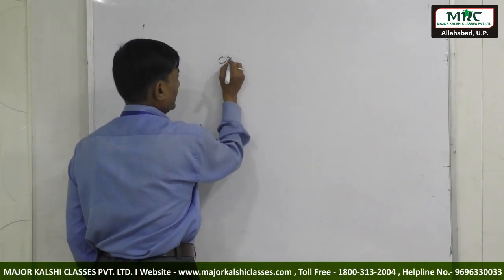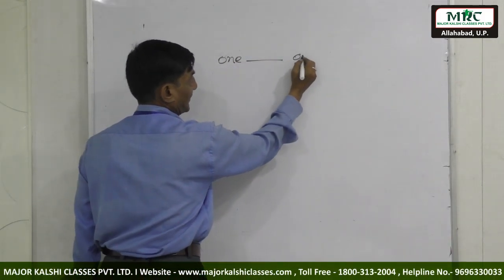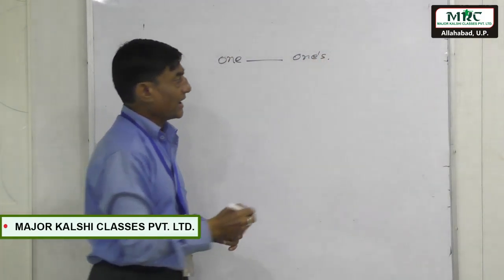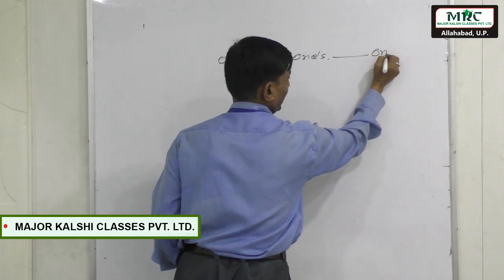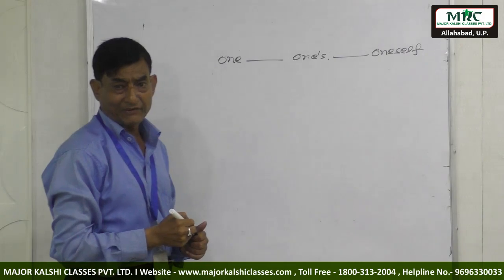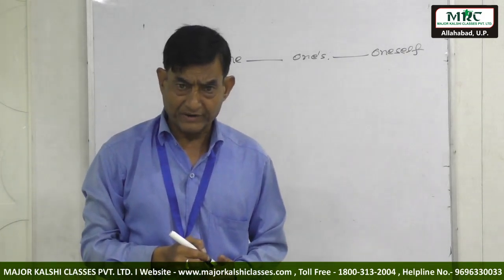If a sentence begins with one, it takes once as a possessive adjective and oneself as the reflexive pronoun of it.